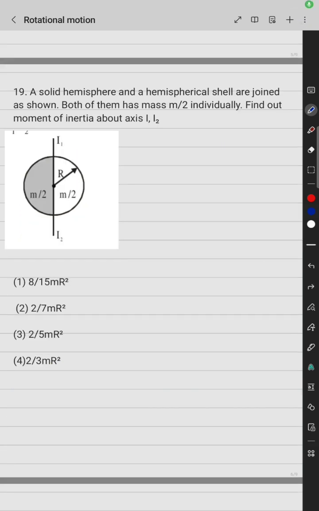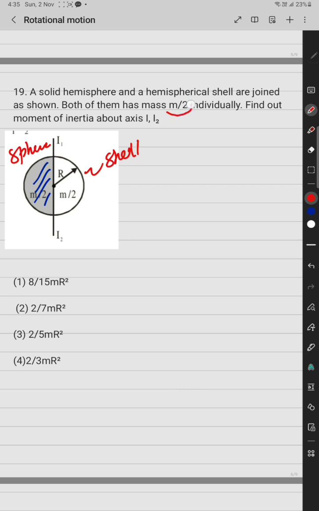On the left hand side is a solid hemisphere, and on the right hand side is a hemispherical shell, and that makes a sphere, and we want to find the total moment of inertia.